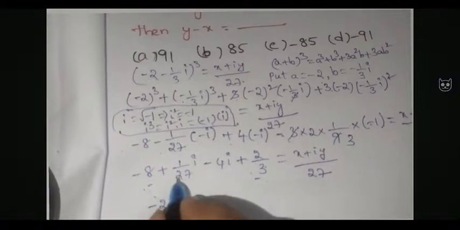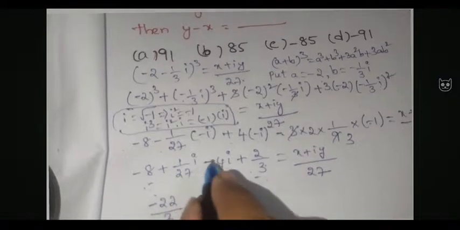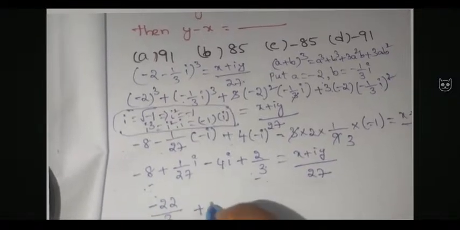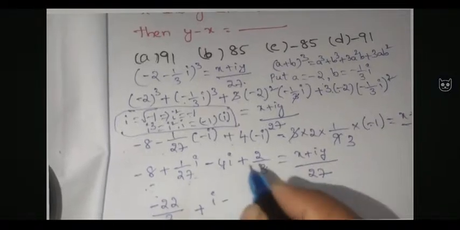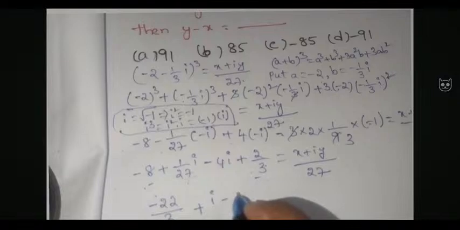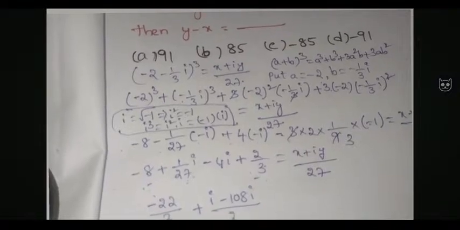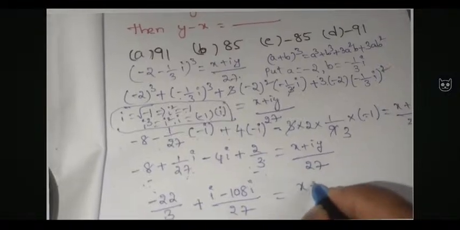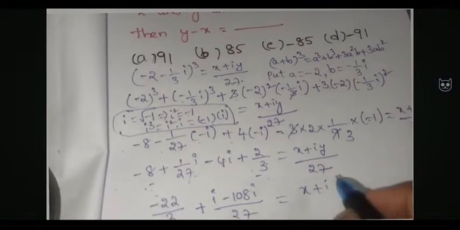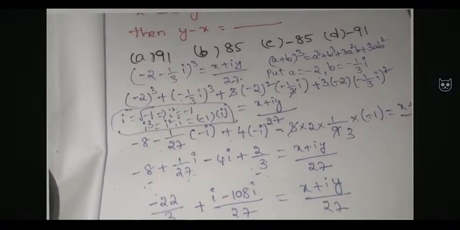And here plus i minus 4 into 27, by cross multiplication 27 into 4 is 108, so 108i divided by 27.